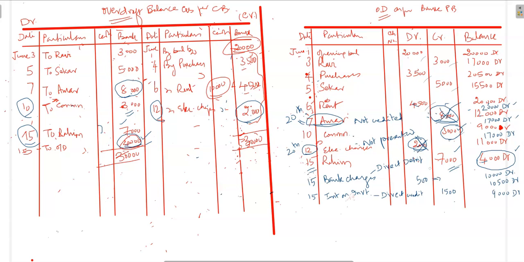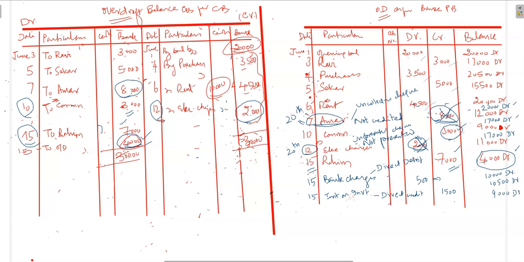So what is our OD balance now after taking into account all these? This is nothing but uncollected check, and this is nothing but unpresented check, and this is direct debit and this is direct credit.